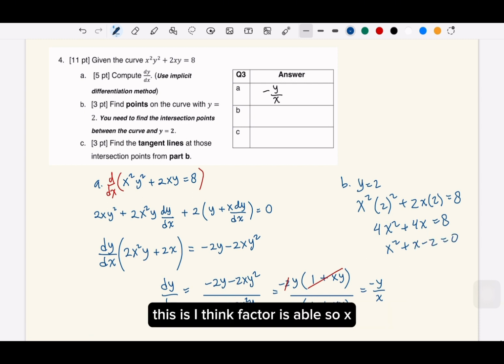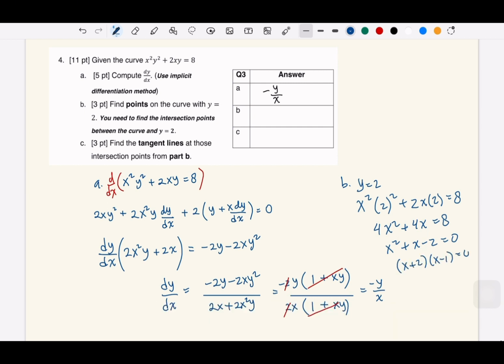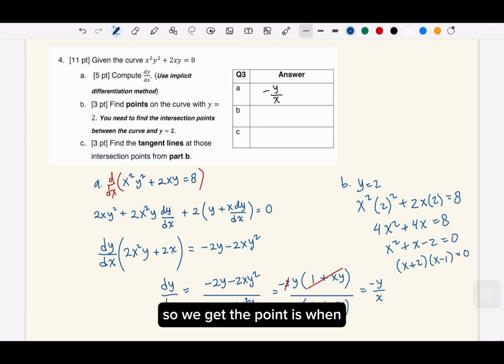This is, I think, factorizable. So x plus 2 and then x minus 1, right? So we get, the point is when x is negative 2 and x is 1.